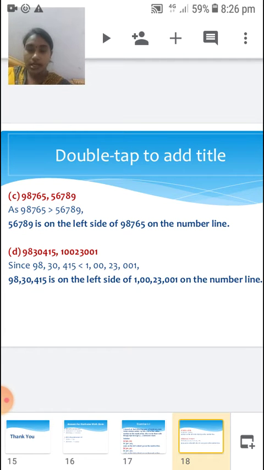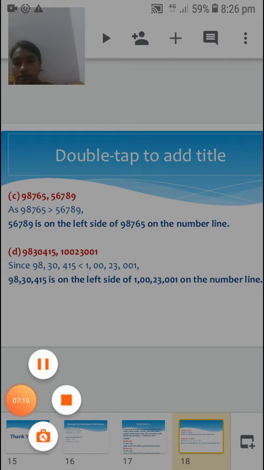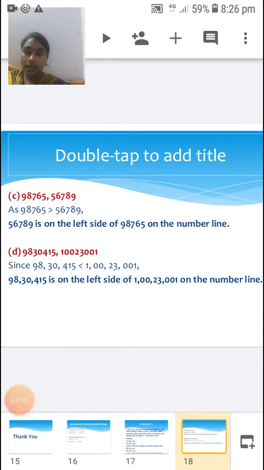Next we move on to the D sum. Here we have 98,30,415. Let me repeat, 98,30,415. And the other number is 10,23,001.